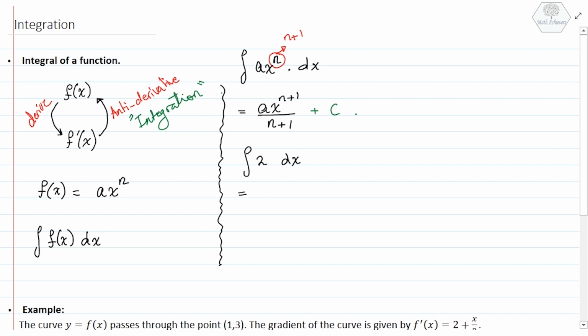So the integration of 2 becomes 2x also plus c. Let's have a simple example now. This is an example.